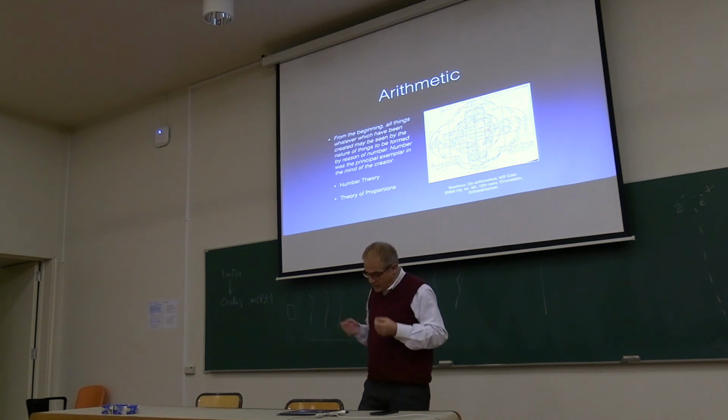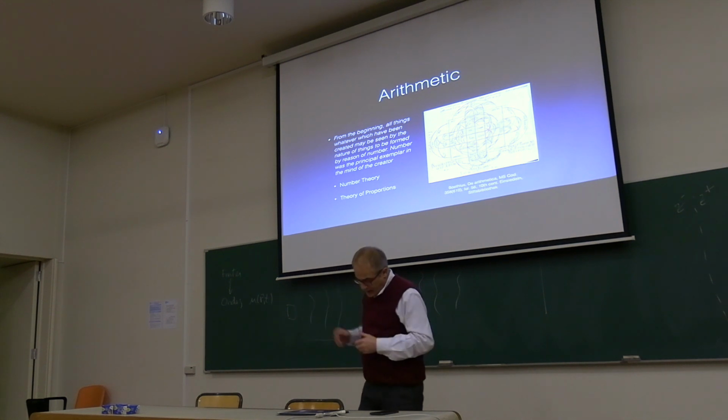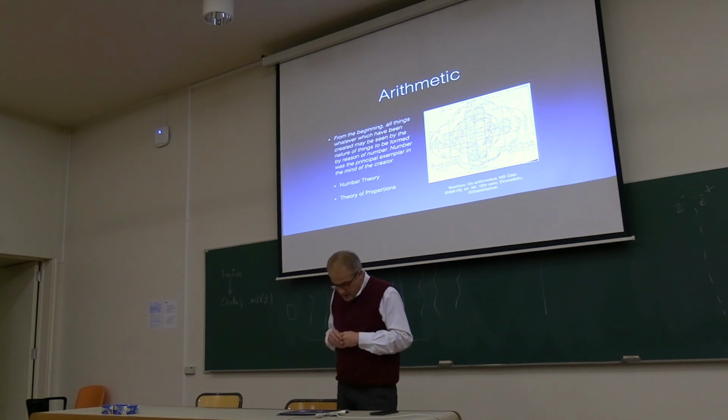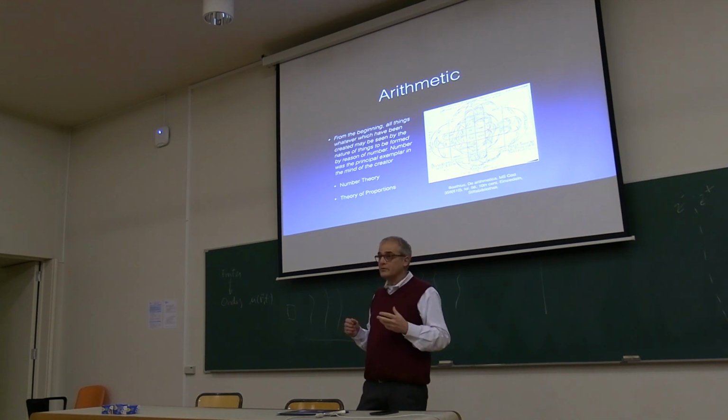So in the words of Boethius, which I wrote here, the last sentence: number was the principal exemplar in the mind of the creator. This is a sentence from book 1.